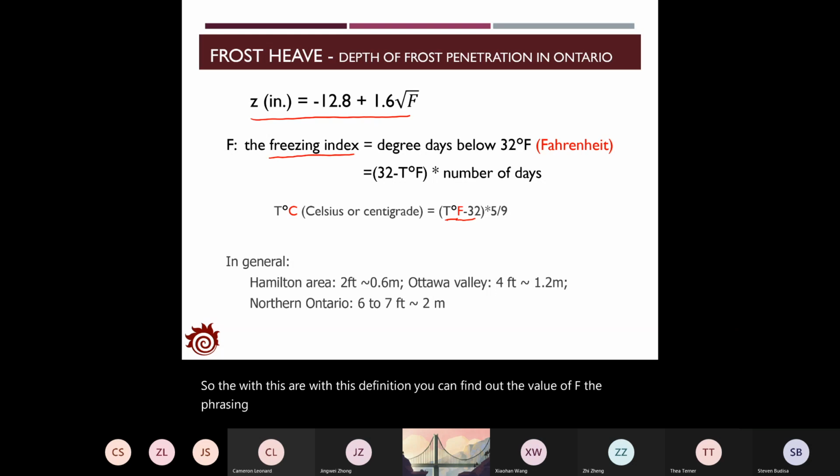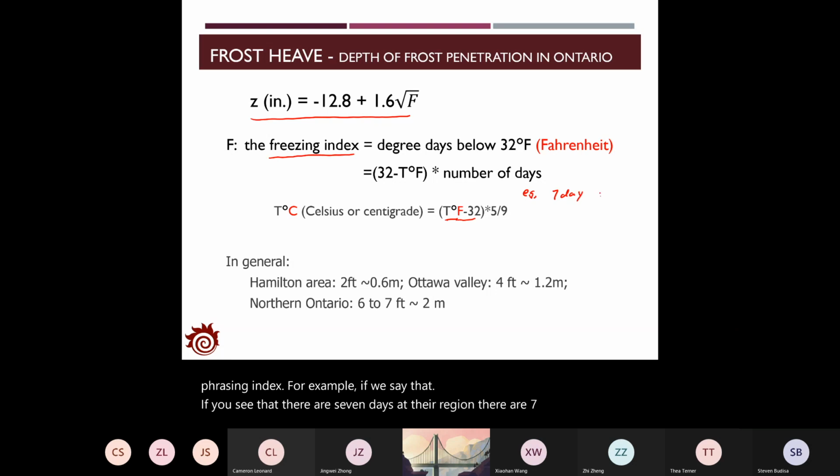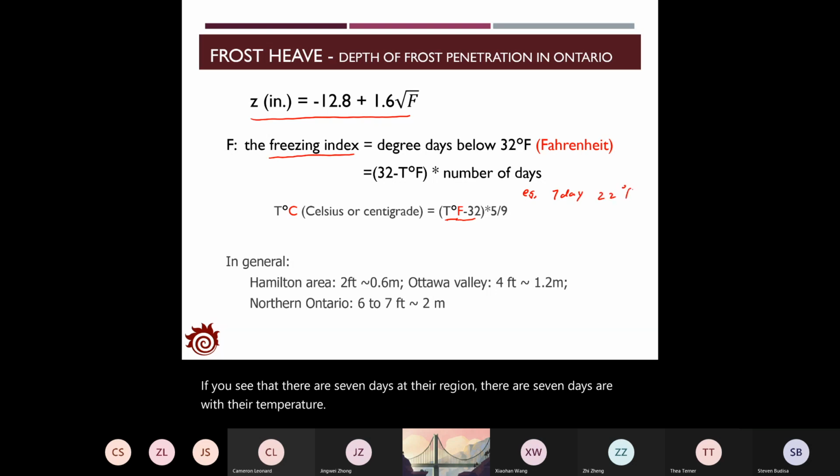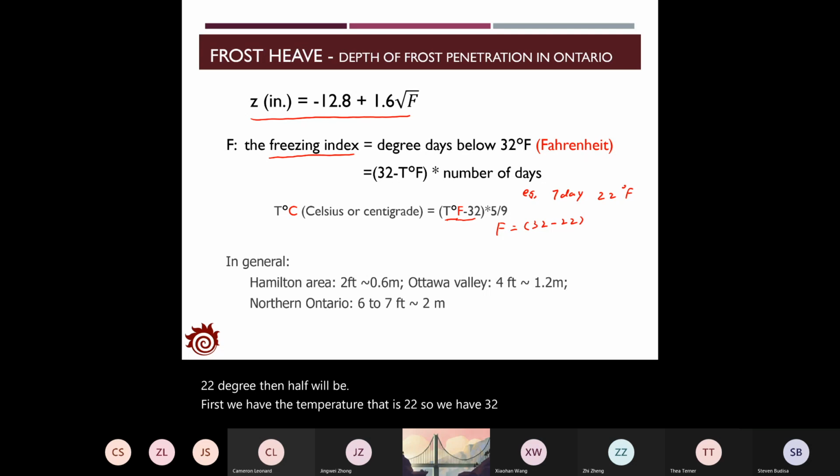For example, if there are 7 days in that region with a temperature of 22 degrees, then F will be 32 minus 22 times the number of days, times 7.